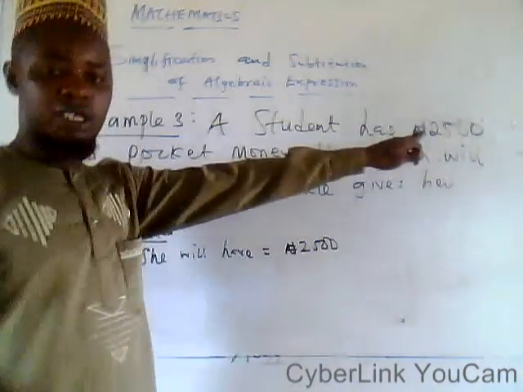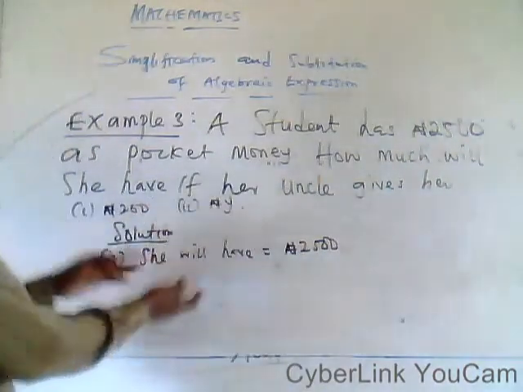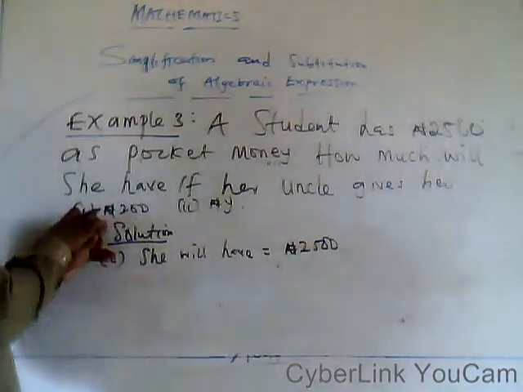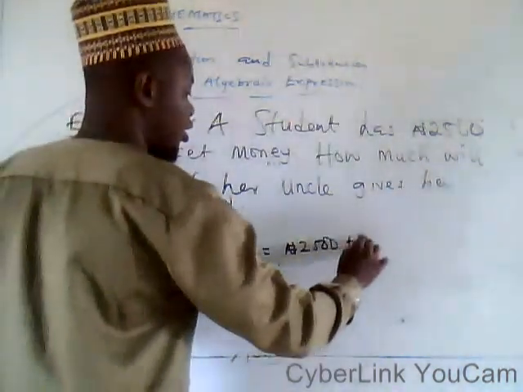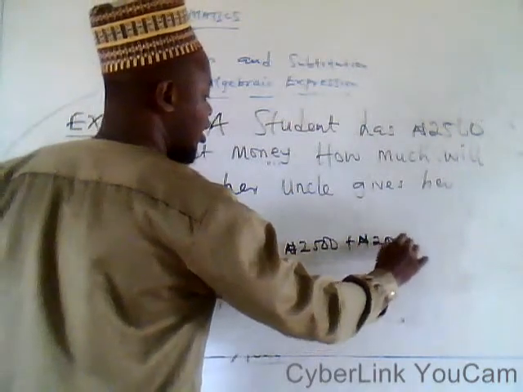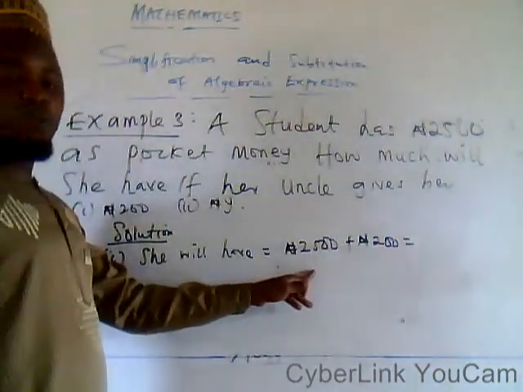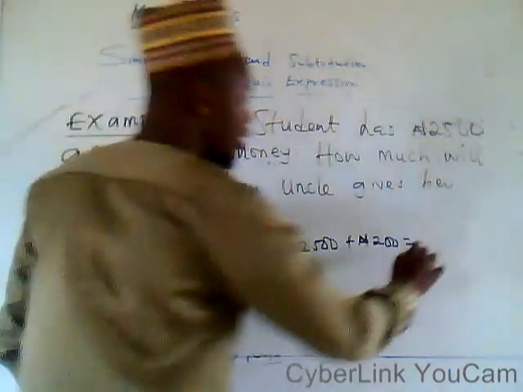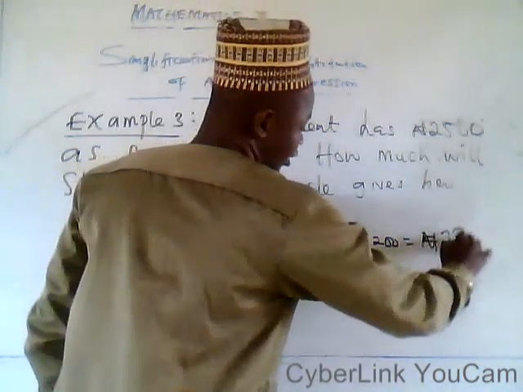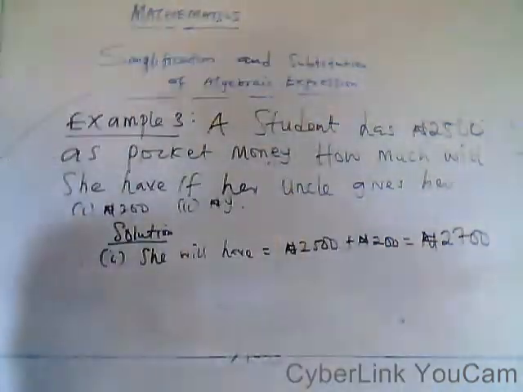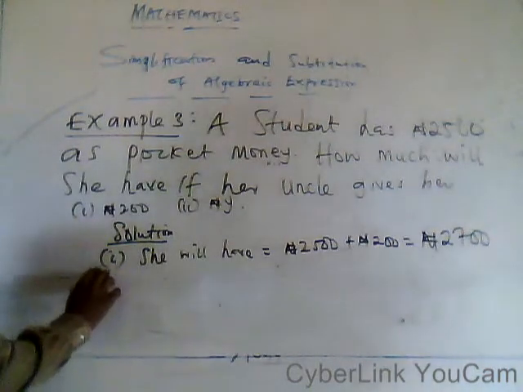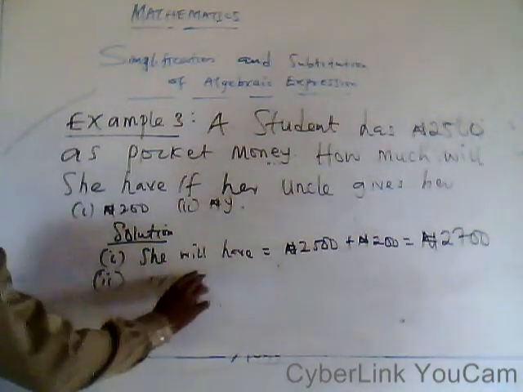That's the original money she has. Then her uncle gives her 200 naira. That is plus 200 naira. So adding 200 to 2,500 will give you 2,700 naira.